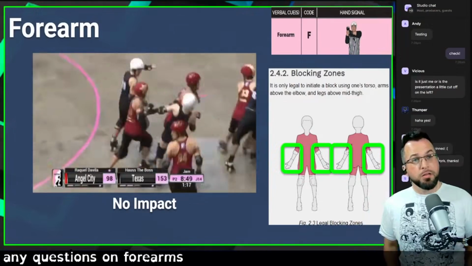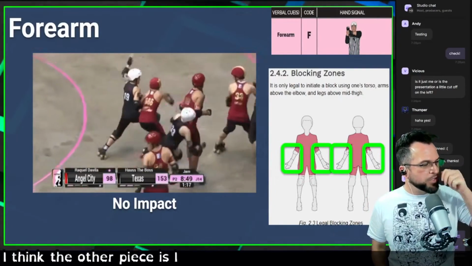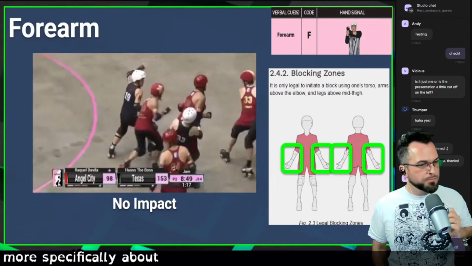I have a question about that last one. You wouldn't call a penalty for that, but wouldn't it technically have slowed the jammer down from getting out of the pack? So technically that would impede play? Yeah, that is also correct. I think there's a casebook entry, more specifically about back blocks.